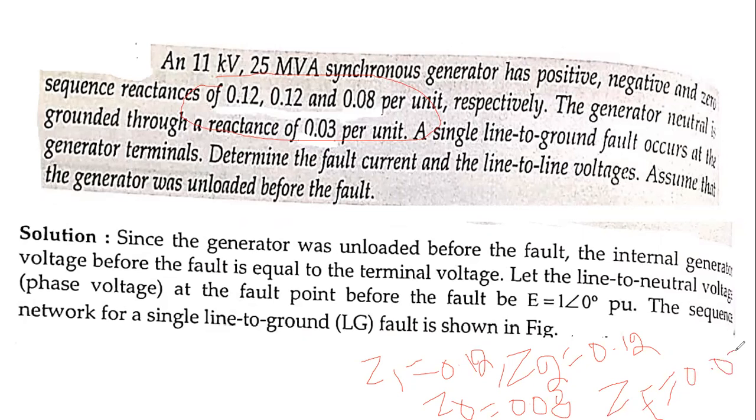This is the positive sequence, this is the negative sequence, this is the zero sequence, and this is the neutral impedance. Z1 is 0.12, Z2 is 0.12 and Z0 is 0.08.